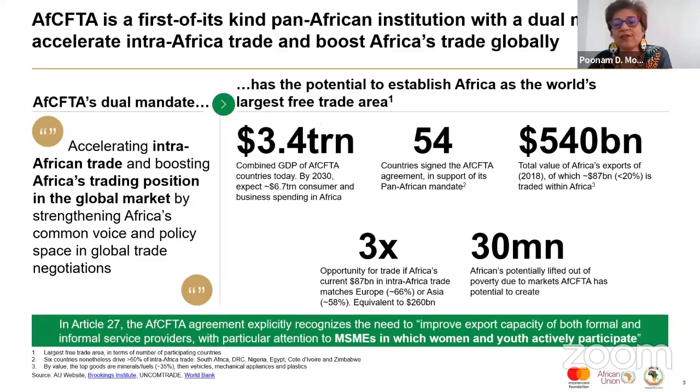You see here some figures. I'm not going to get into the details of it, but you see the 54 countries who signed the AfCFTA agreement. You see here the total value of Africa exports, and what is underlined here, like previous speakers have mentioned, is that intra-Africa trade remains small compared to the whole basket of Africa exports, less than 20%.